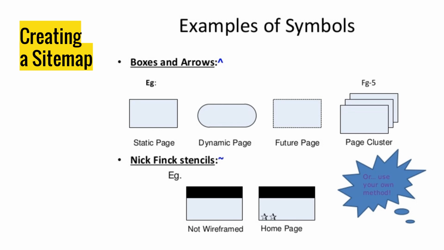Okay, so creating a sitemap, examples of symbols, boxes, and arrows. So static page, or if let's say you want to refer to dynamic page, feature page, page cluster, wireframe, homepage. There's a lot of ways for you to explore, especially when it comes to symbols.